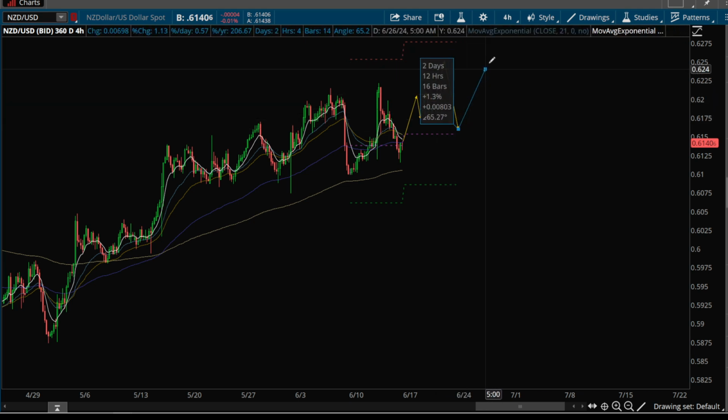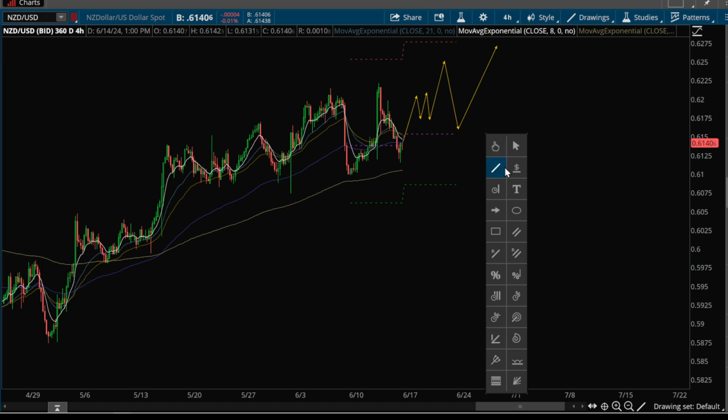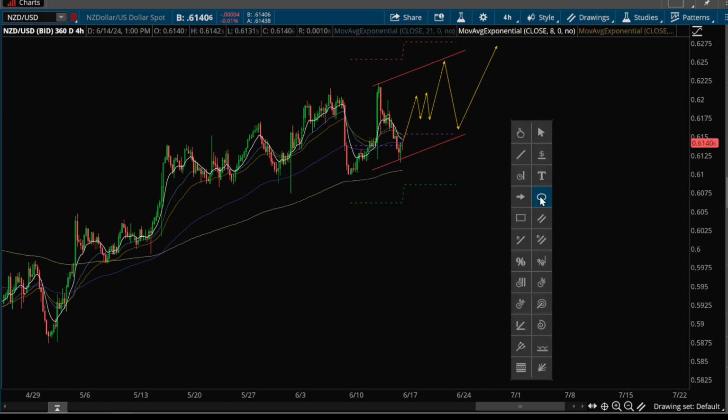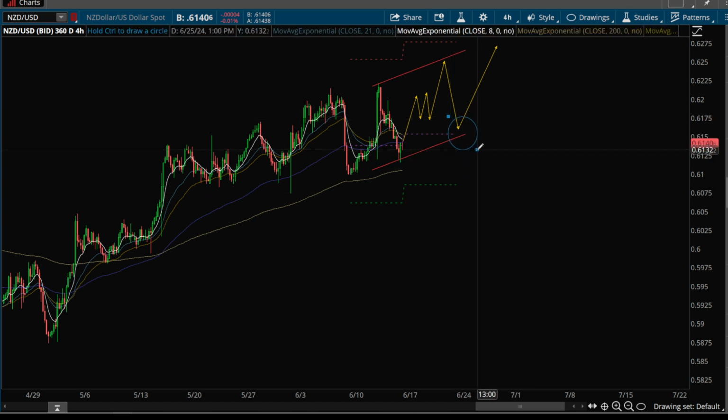And it feels like it wants to give you a running flat. It's kind of what this pattern is setting up to do. I'll probably take a shot on New Zealand right here on the 200 if that sets up. So, I don't know. This might be a good shot as well. You got your 200, you got your pivots.